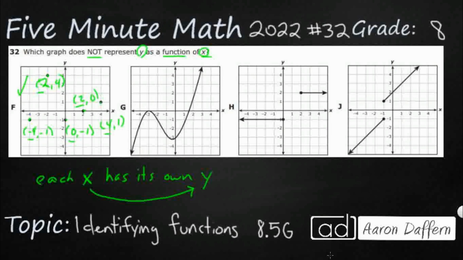So let's check G. Now what we're going to look at here is we don't necessarily know every single point, but we can see the major ones that cross some of our major points right there. And as you're visually looking across this line, you should see no parts, no x's that kind of double up. So really what we can look at sometimes, if it's a graph, is what we'll call the vertical line test.